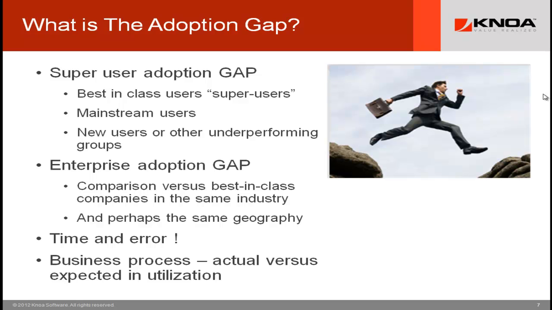The enterprise adoption gap is the one that's much harder to derive. Data will creep out slowly, and we're building metrics, but ultimately what you want to know is for a company of your class, your industry, your structure, your go-to-market, probably in your section of the world, or as a multinational compared to other multinationals, how do your best-in-class and your mainstream users compare for some transactions that might be more standard between you and your peers than not?